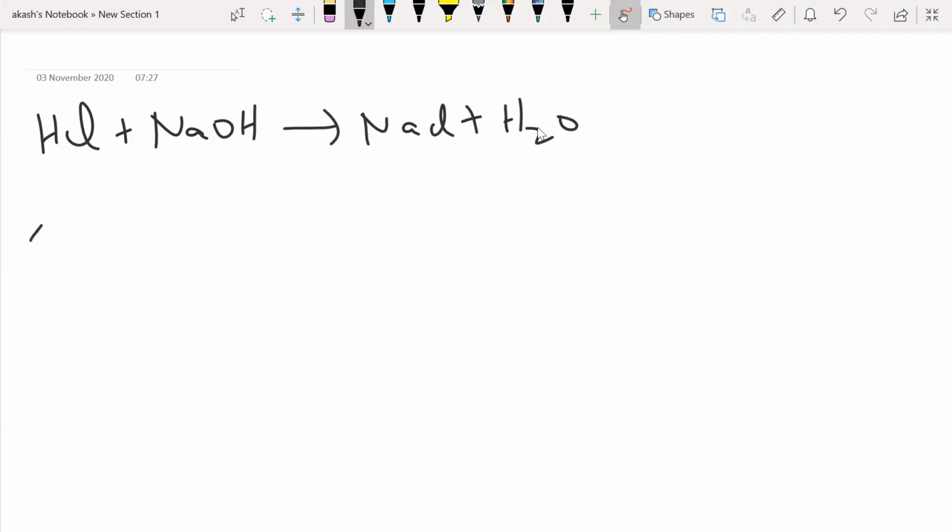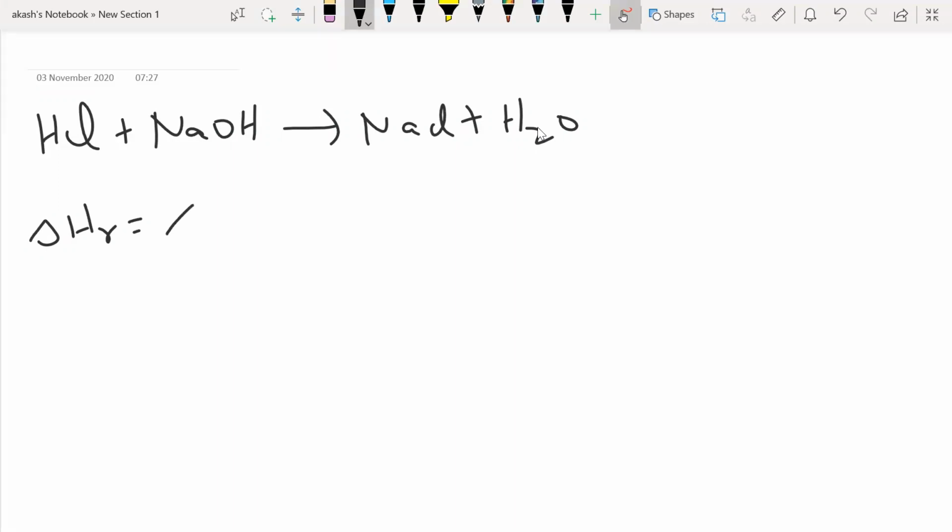So if I want to find the overall enthalpy for this reaction, delta HR, we can use your enthalpy of formations first.